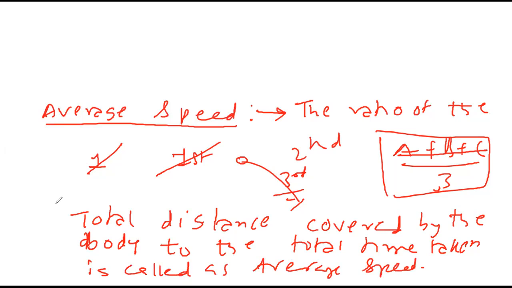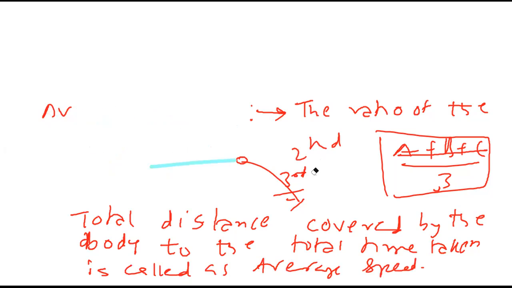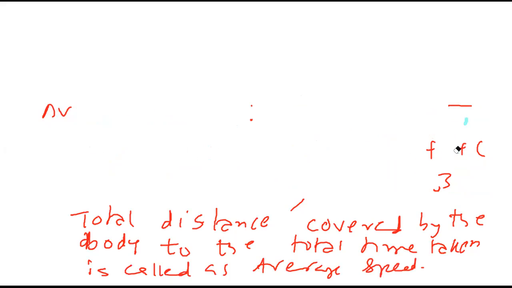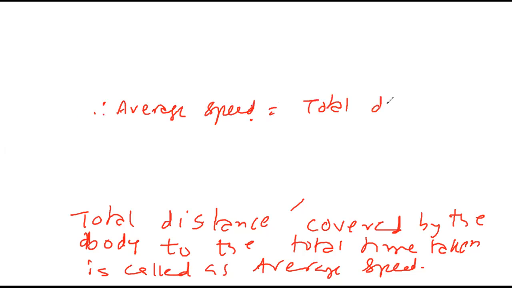Average speed is total distance covered by the body to the total time taken. Therefore, average speed equals total distance upon total time.